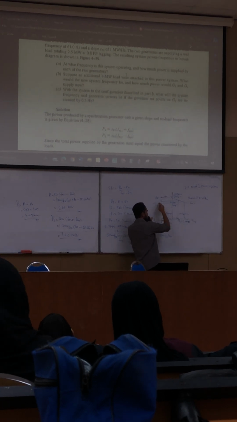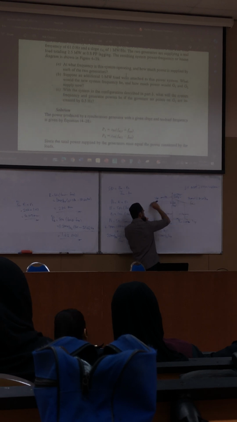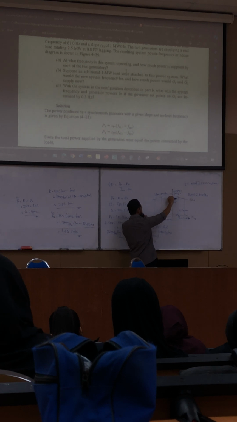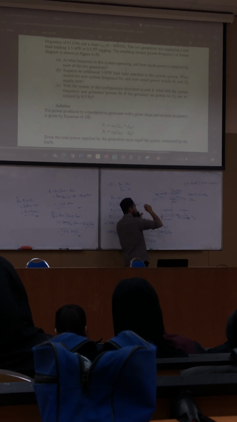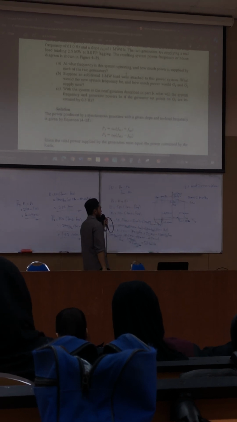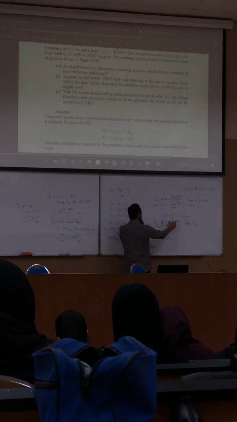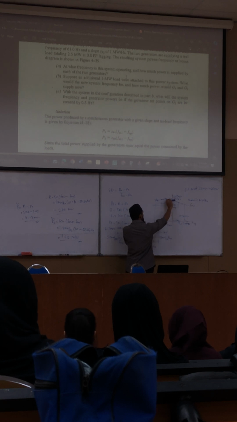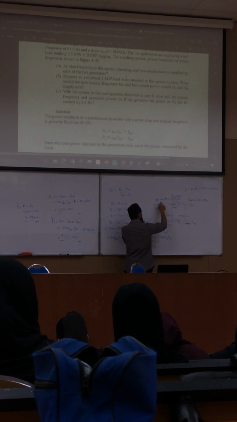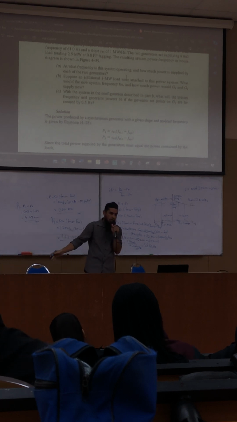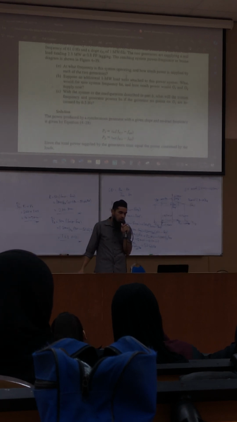So your system frequency has to be reduced to occupy your space. And if you reduce the demand, the frequency will increase because it will be held by the roof as well.